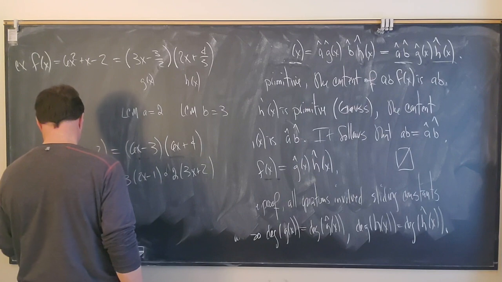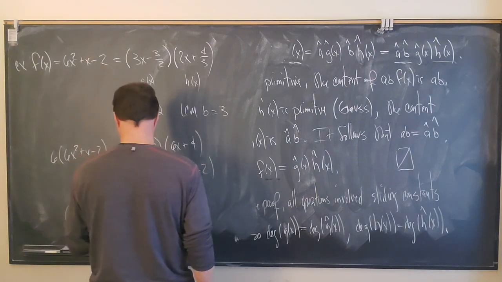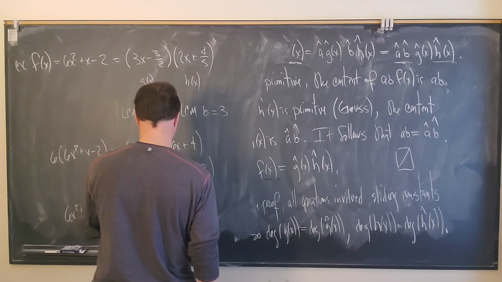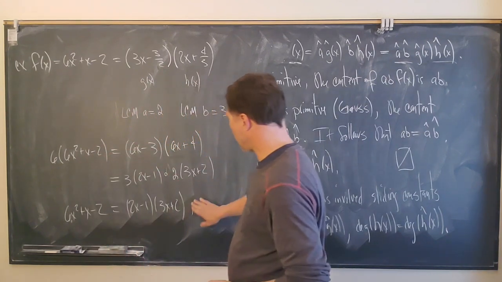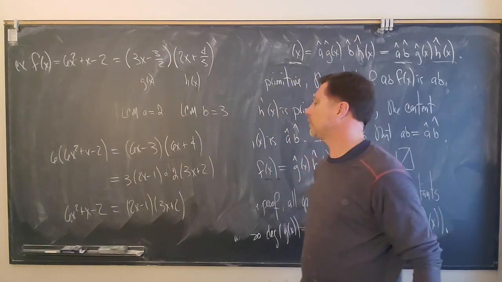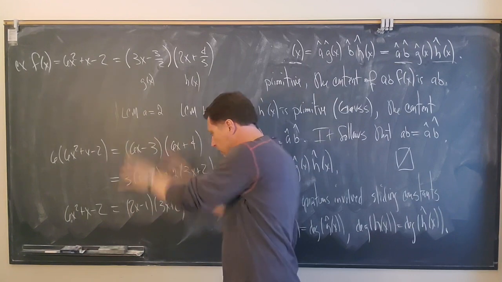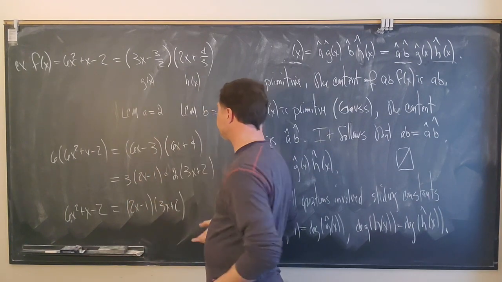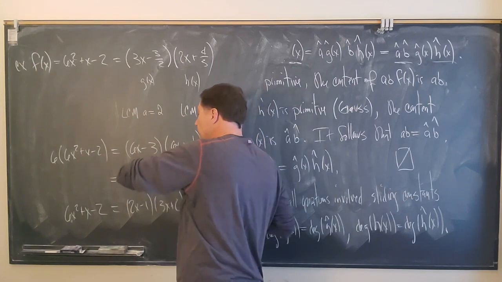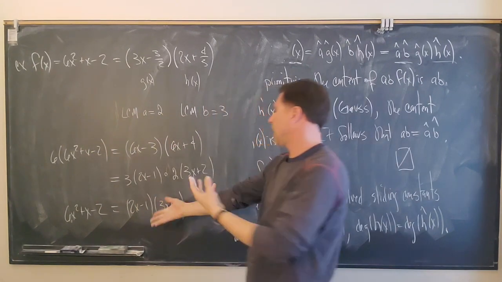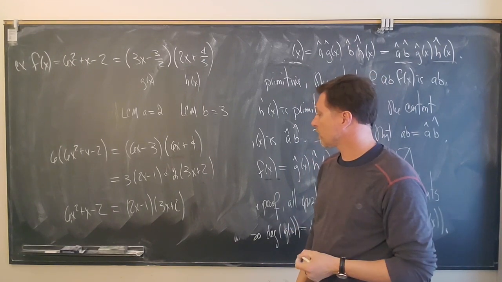And so what we get is 6x squared plus x minus 2 is equal to 2x minus 1 times 3x plus 2. So notice what happened. We multiplied both sides by 6 and then just slid things around a little bit. I multiplied by least common multiples, pulled contents out, divided, and there we have it. So really nothing that earth-shattering when it's done.